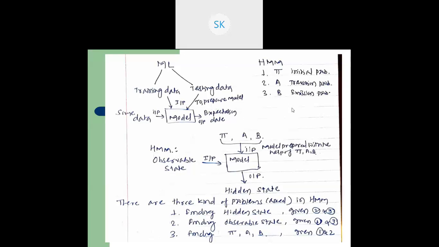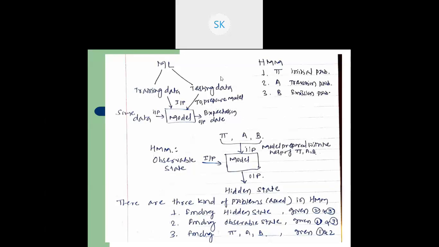Now with respect to machine learning, we have training data and testing data. This training data and testing data is an input for preparation of the model. So we prepare the model with respect to the training data and testing data, and then we give some data as an input to the model and get the output as expectation data.